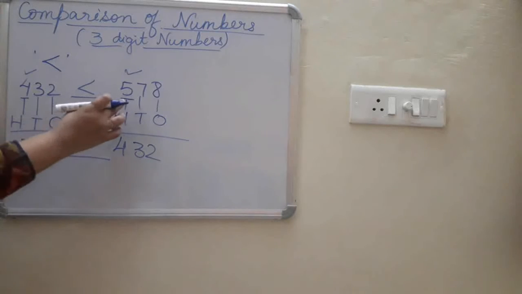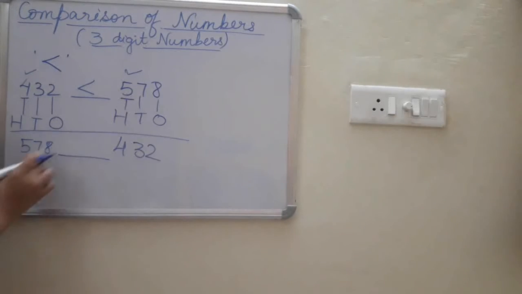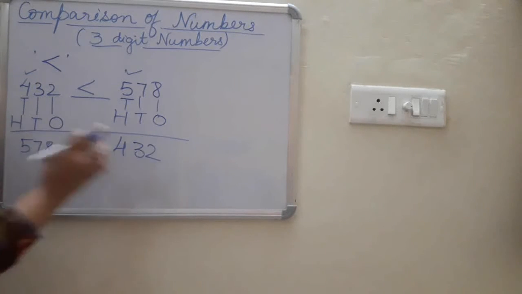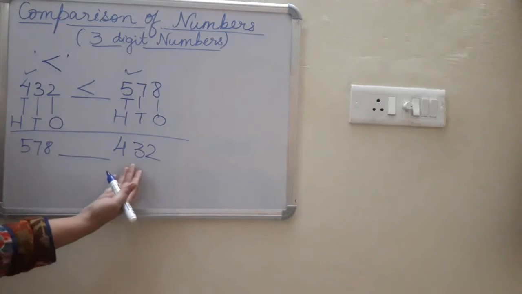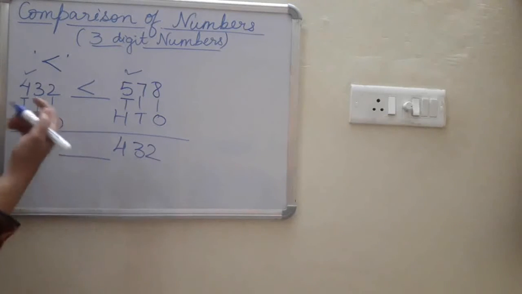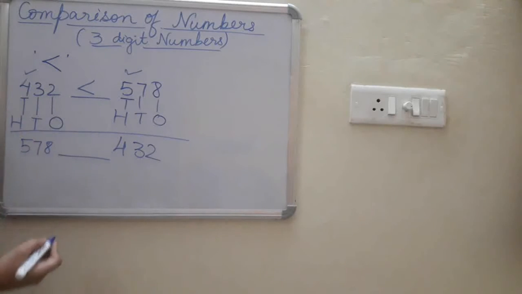You can see the numbers are same, 578 and 432. We have changed the position. Again, you will say that 578 is greater than 432. So now the sign will be changed.